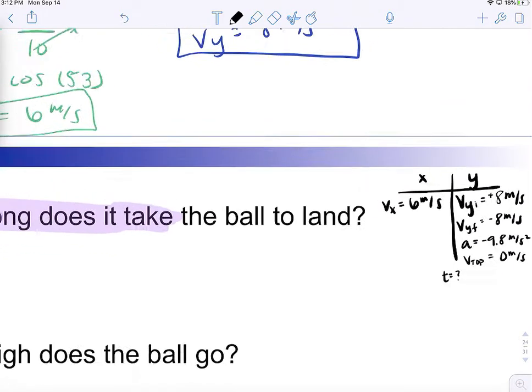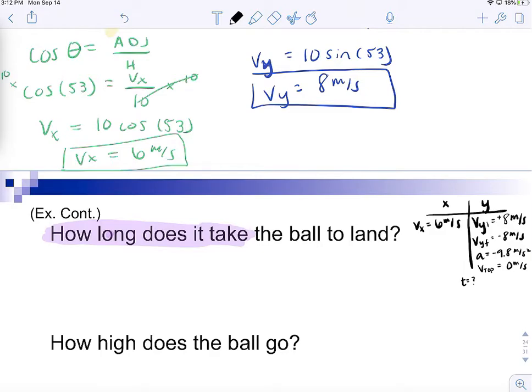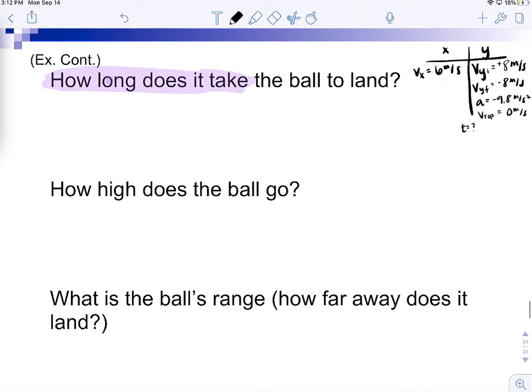Now I need to pick out an equation to use. I can rewrite these equations somewhere. I'll write them right here. So I'm going to make a different chart, x and y. For the x direction, I'm only ever going to use my constant velocity formula. For the y direction, I can use any of these three.